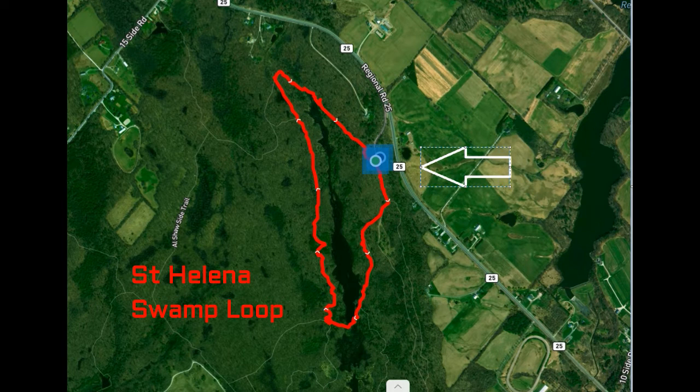So portions of this hike are on the Bruce Trail main trail, and portions are on a segment that is unmarked but is known to all trails.